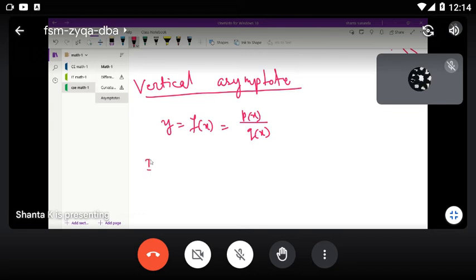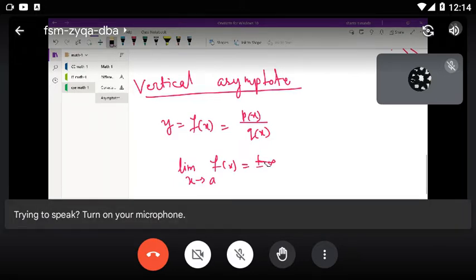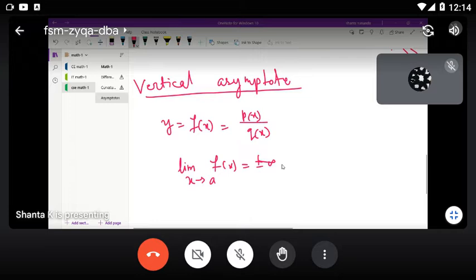Now if the limit as x approaches a of f of x approaches plus or minus infinity, then the line x equals a is called a vertical asymptote.